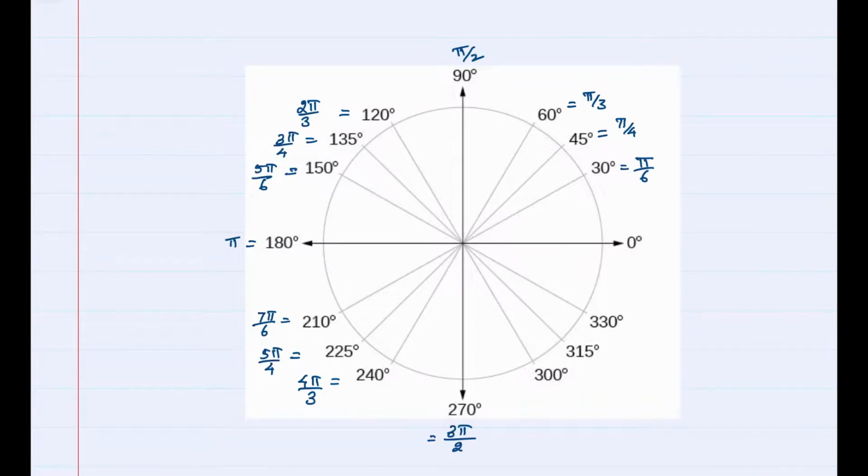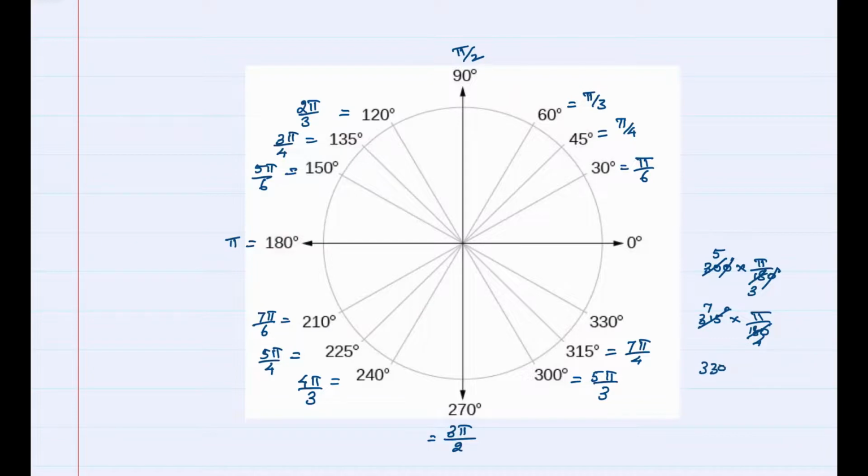Then the fourth quadrant angles, 300 degrees. To convert it in terms of radians, we multiply by pi upon 180. 5 times, 3 times. 300 degrees is 5 pi upon 3. Then 315 degrees. This is 7 times and 4 times, which is 7 pi upon 4.